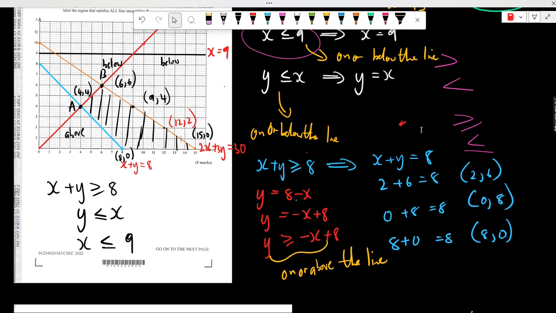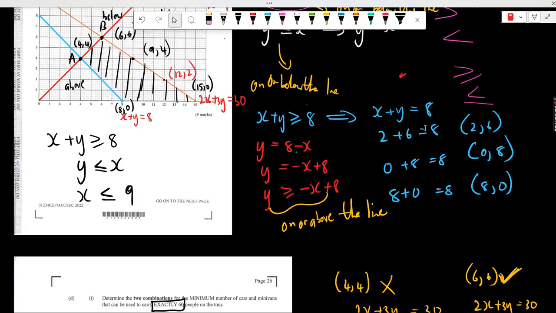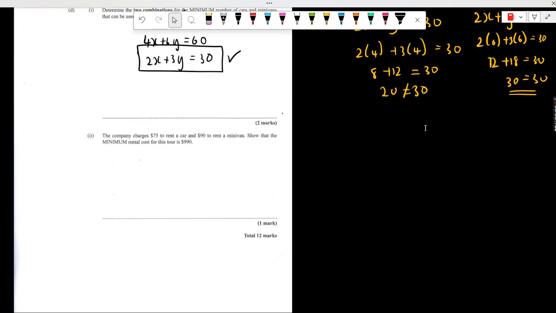So let's check now. If we check 9, 4, 2x plus 3y equals 30.